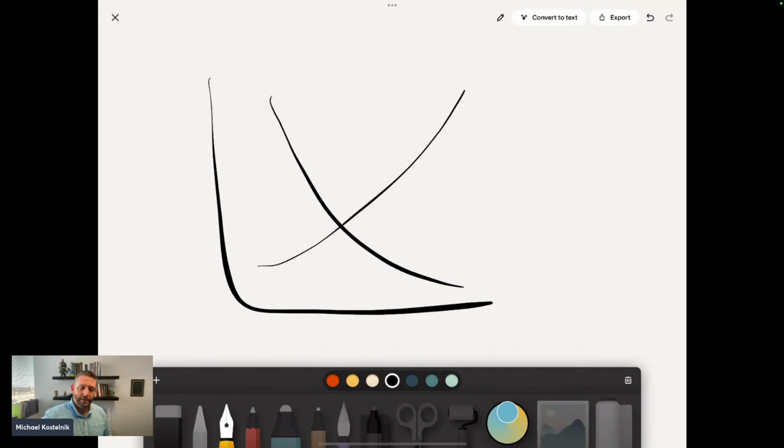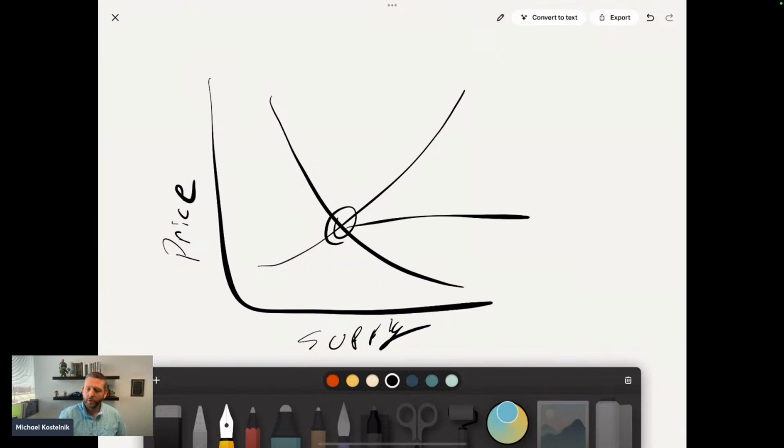This is the price axis and this is the supply axis, and where they meet is where things sell for. So say right here is $3. That's how much as a producer you're willing to produce, and that's how much as a buyer you're willing to buy when the price is $3.